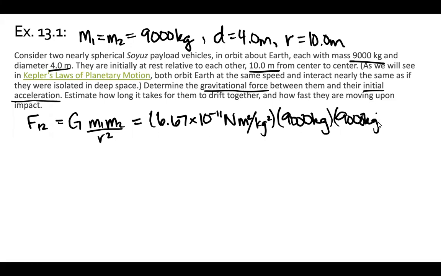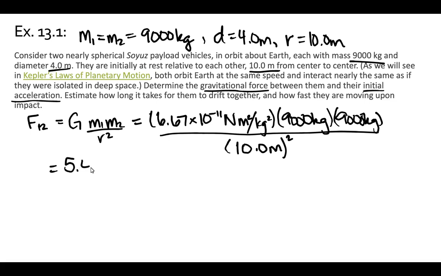Sorry, my pen is kind of being funny, so if my handwriting is terrible, the pen isn't picking it up correctly. Divided by our distance squared, so 10 meters squared. If we put that into a calculator, we find that our force is 5.4 times 10 to the negative 5th newtons.